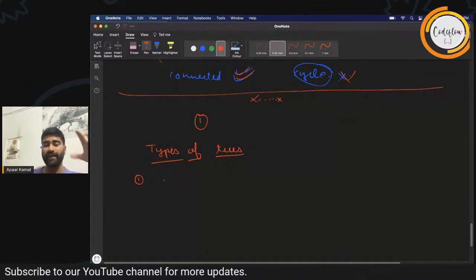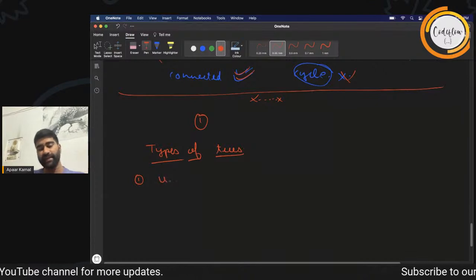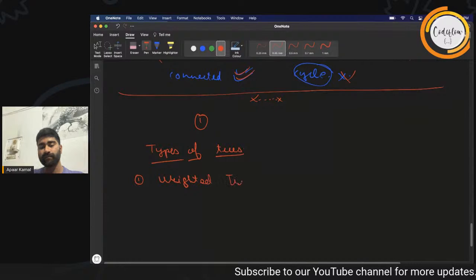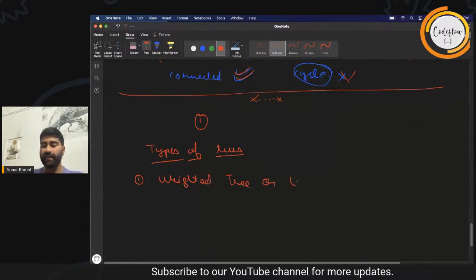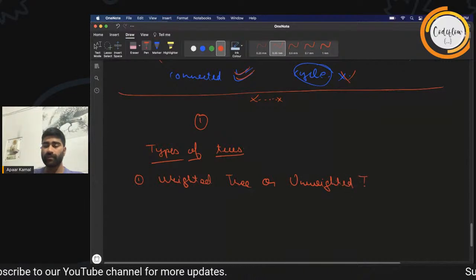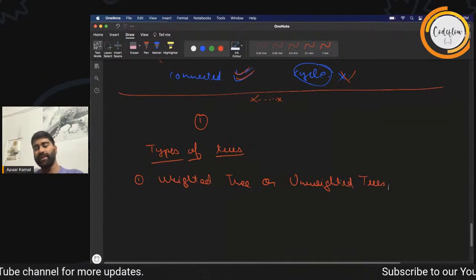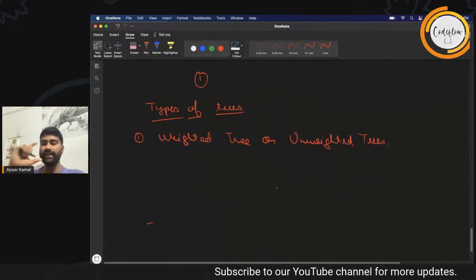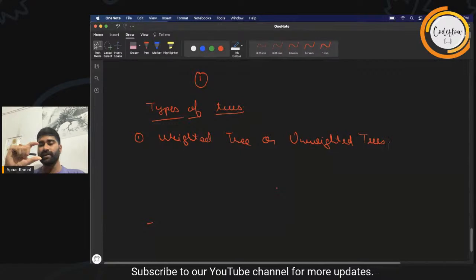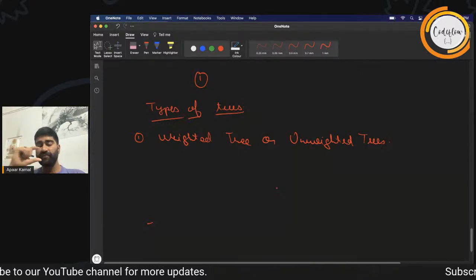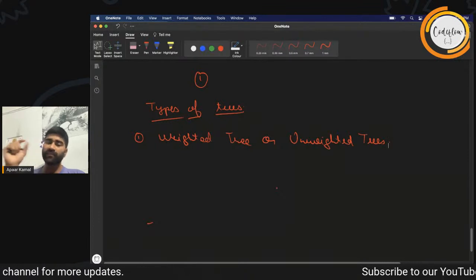So we can have weighted trees, or we can have unweighted trees, right? So guys, what are weighted trees and unweighted trees? It's very simple. If the edges in my tree have weights on them, then they are weighted trees.